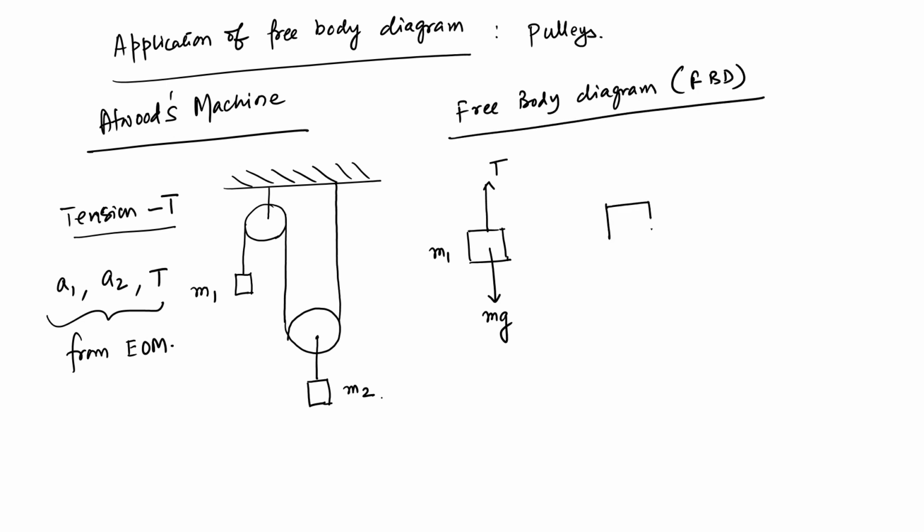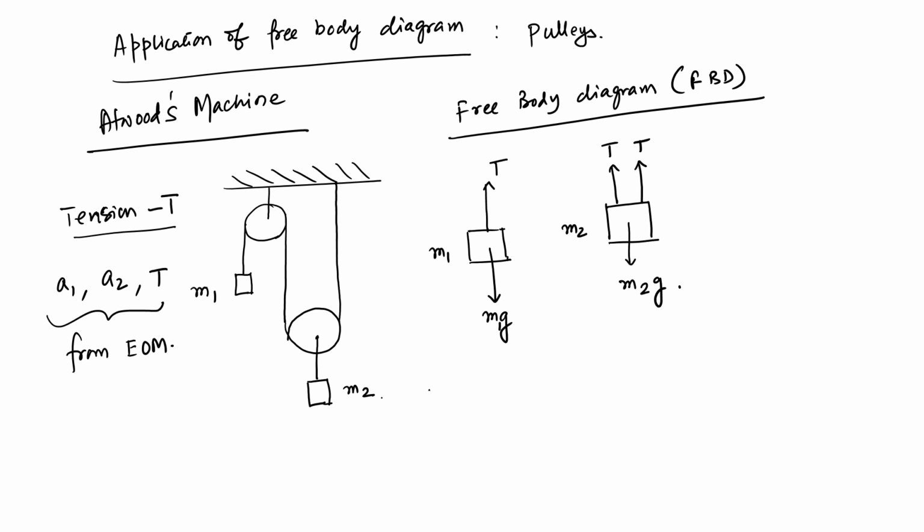For mass 2, you have two such tensions acting, which are the same, T and T, and the only force acting downward. So, I should write it as M1g and this is M2g. These are the free body diagrams for each one of those.